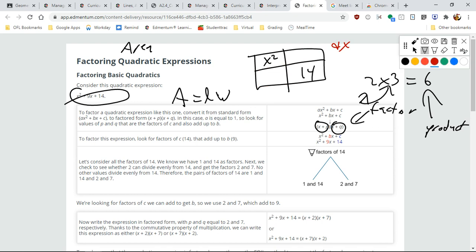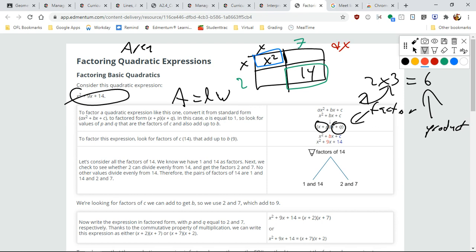We're putting these pieces together. So what times what gives us this area in this box right here? To get that little box, we're doing x times x. Now we want this box. How do we get that? I'm going to say 2 times 7.